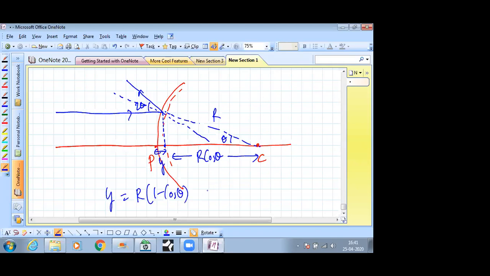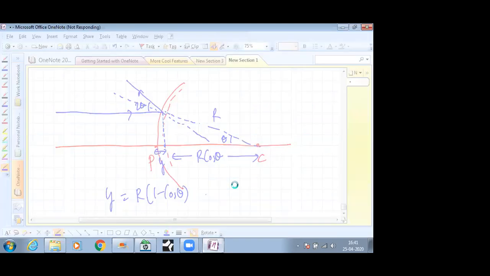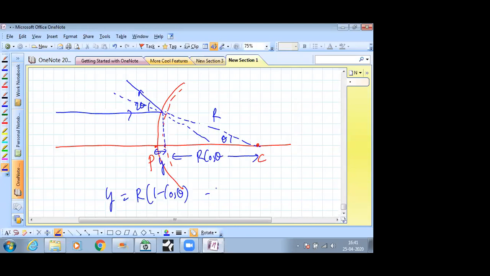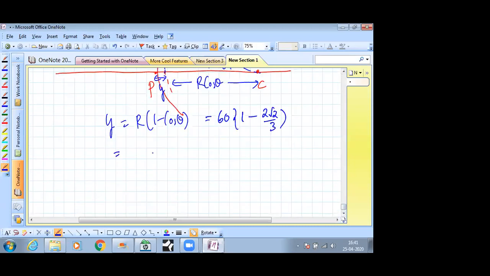Okay. So it is 60. So it's equal to 60 into 1 minus 2 root 2 by 3, that kind of thing. So y will be approximately, I'll tell you.